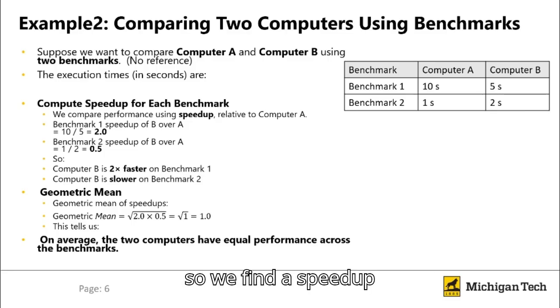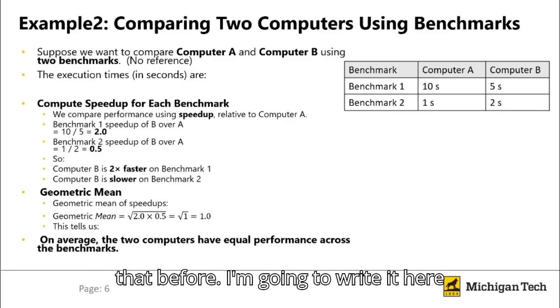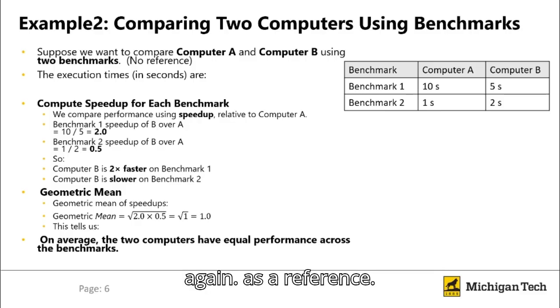Okay, so we find a speedup for each benchmark separately. The formula for a speedup, we had that before. I'm going to write it here again as a reference.